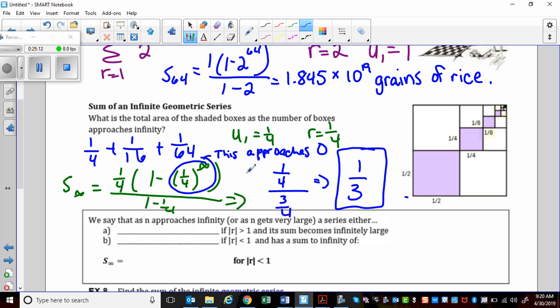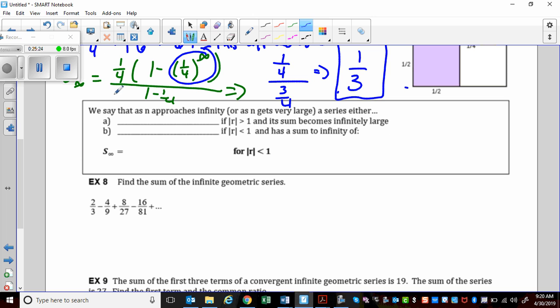Now, we can only find the sum of an infinite series if my numbers decrease, or if they converge to a number. We see that as n approaches infinity, or as n gets very large, a series either diverges if r is greater than 1, or converges, which is what we want, if the absolute value of my ratio is less than 1.